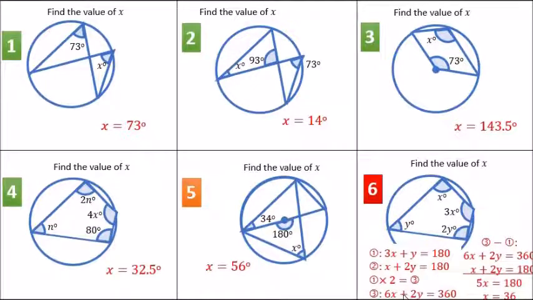And then I can do equation 3 take away equation 2. 6x take away x is 5x, and 2y take away 2y, they cancel out, so the y value is gone. 360 take away 180 is 180, which means that we end up with 5x equals 180. So x therefore equals 36 when we divide by 5.